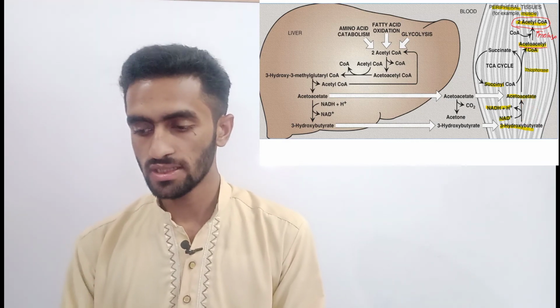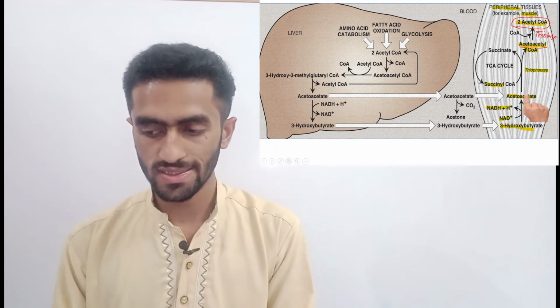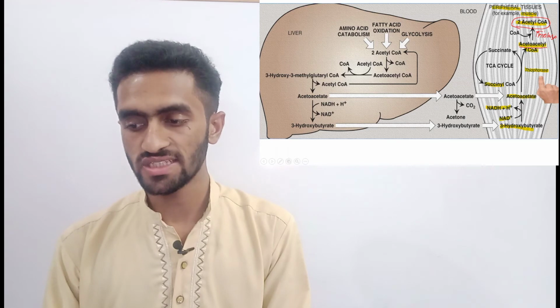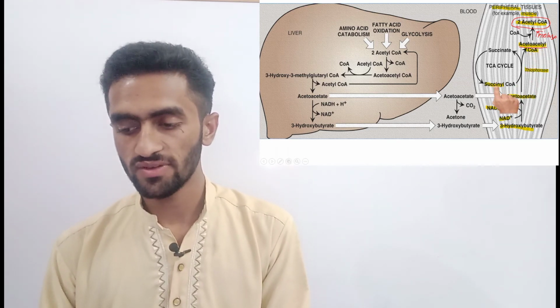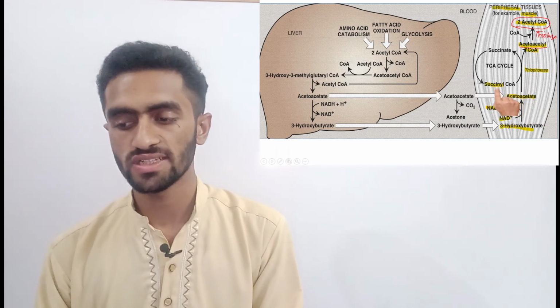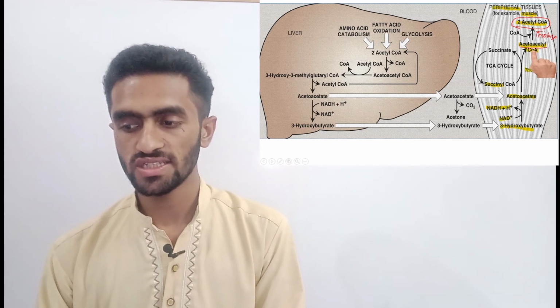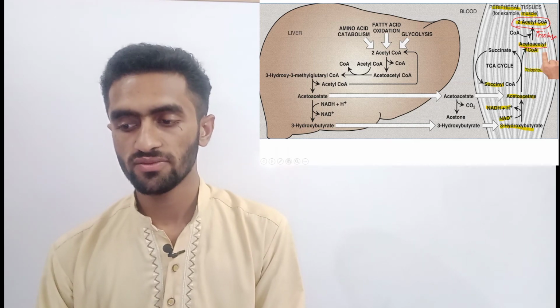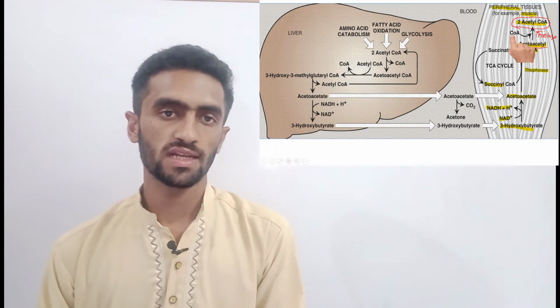Acetoacetate, with the help of the thiophorase enzyme, is converted into acetoacetyl CoA; it reacts with succinyl CoA to produce acetoacetyl CoA, and the acetoacetyl CoA reacts with CoA to produce 2 acetyl CoA.